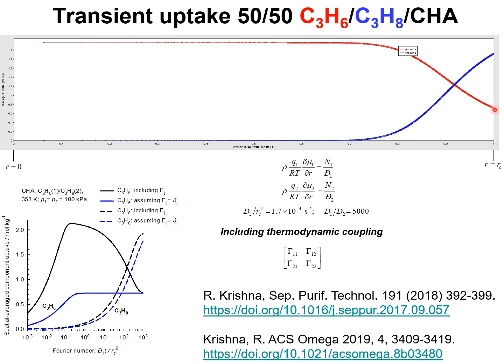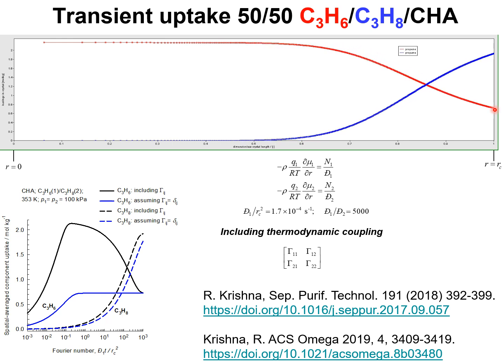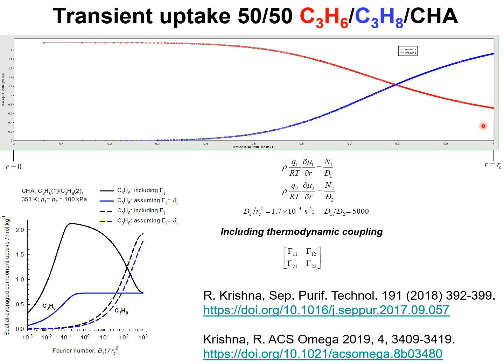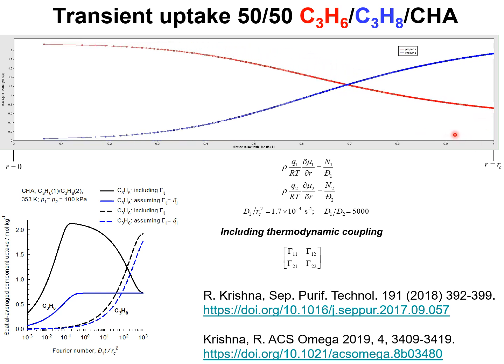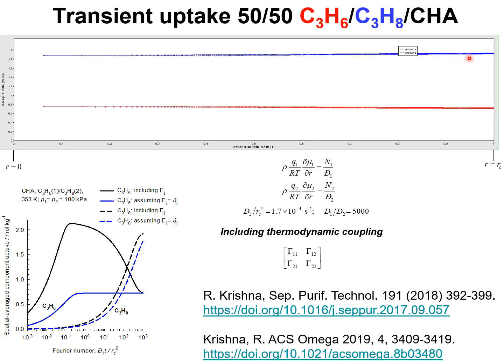And when equilibrium is reached, the crystallite of chabazite is richer in propane than propene. The spatially averaged component loadings are plotted here.